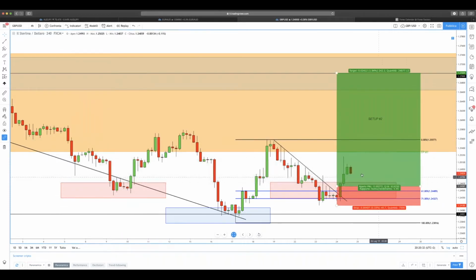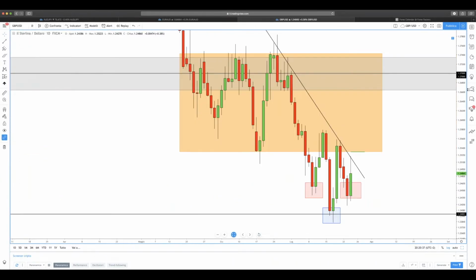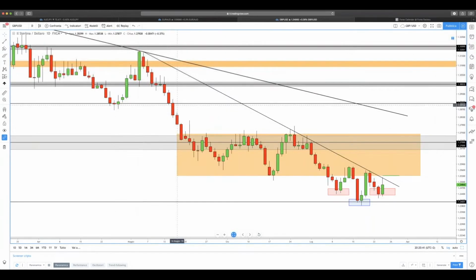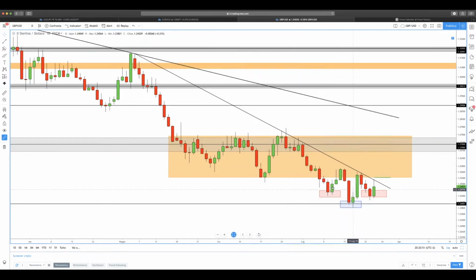We can see here on the daily time frame that the price is in a very strong bearish movement. We can see this strong lateral phase, as explained many times in my morning update and in our weekly PDF.